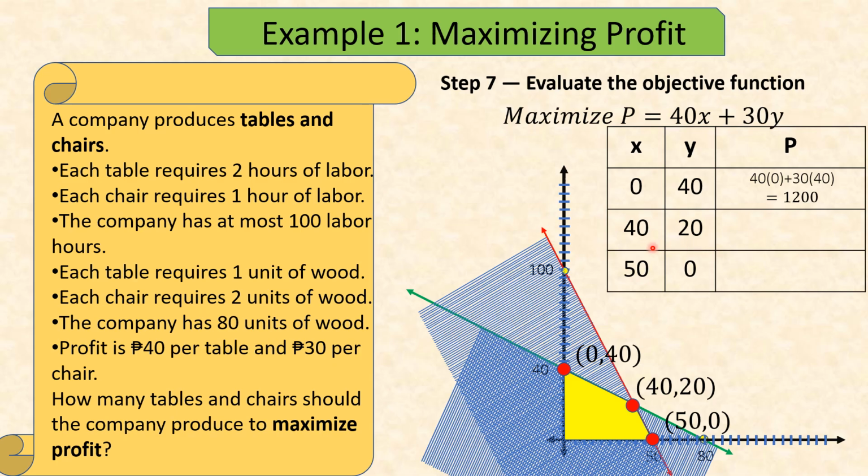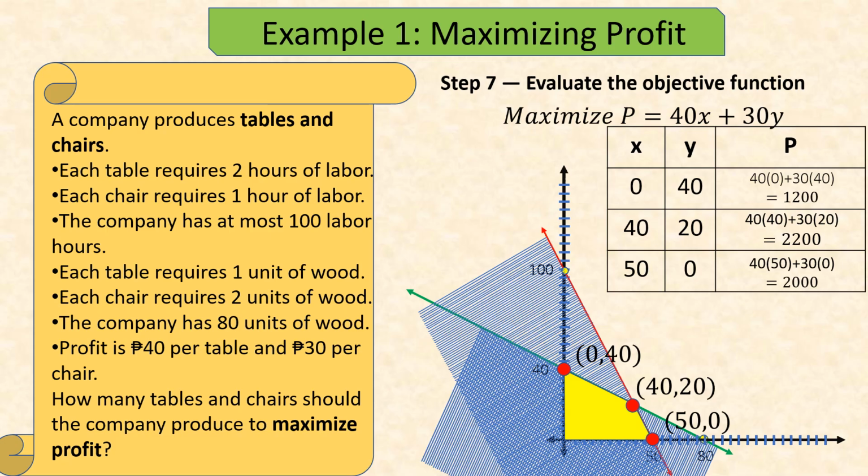Substituting it in the formula, we have 40 times 40 plus 30 times 20 equals 2,200. So that means if you produce 40 tables and 20 chairs, you will have a profit of 2,200 pesos. Then next, if we have 50 tables and 0 chairs, the profit is 2,000.